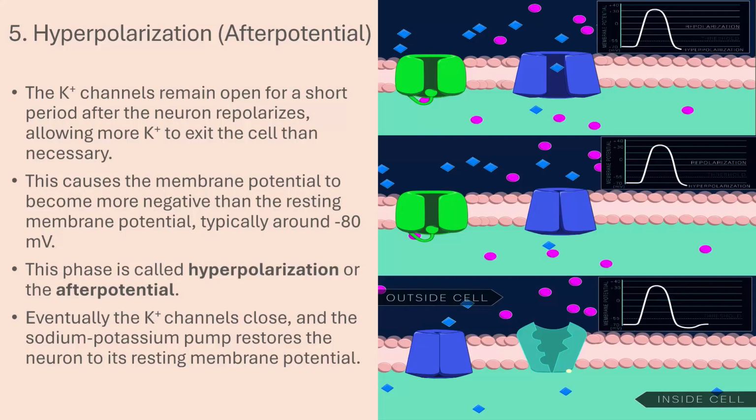This causes the membrane potential to become more negative than the initial resting condition. So now we had in the beginning -70, and now we go to -80 millivolts. This phase is called hyperpolarization or the after potential.